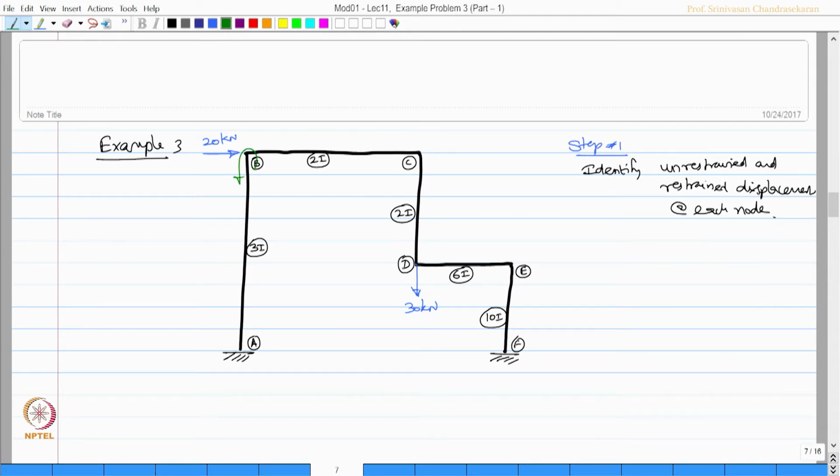So, this is theta 1, theta 2, theta 3, theta 4, delta phi. Since the delta phi is the same at nodes B and C, we can say that axial deformations are neglected.